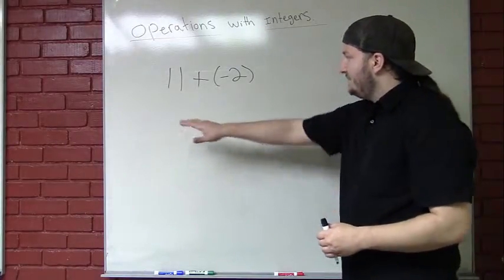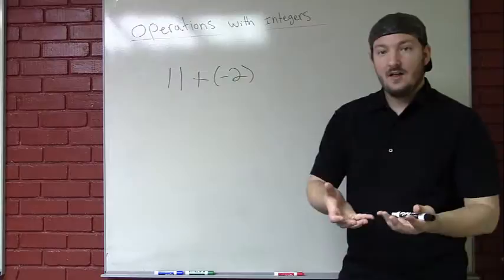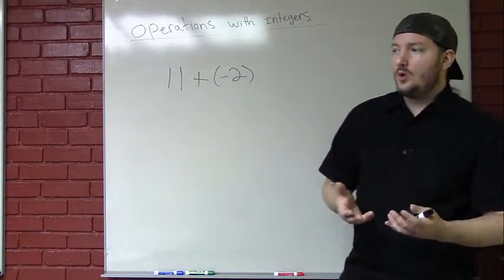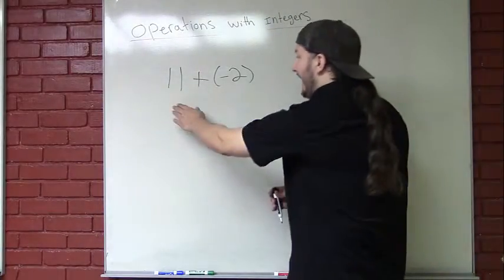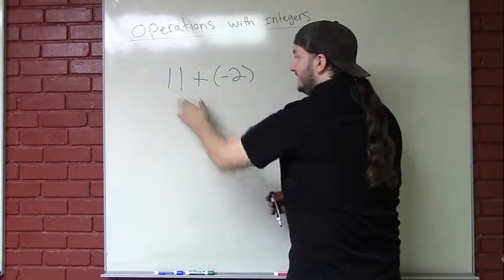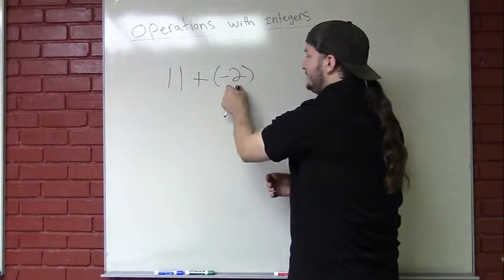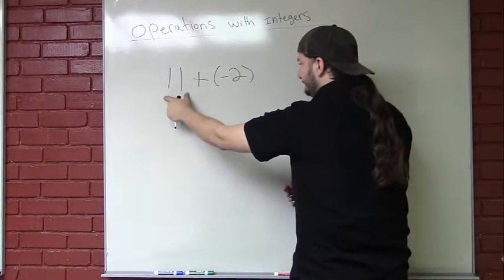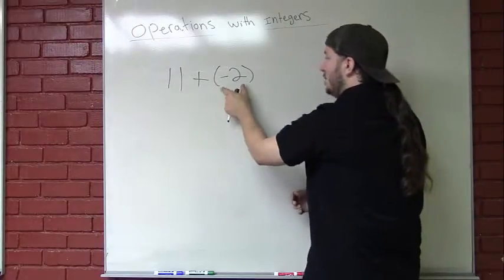That being said, again, positive is like you have that much. Negative is like debt, or you could think of it as you owe someone. Okay? So let's say you have $11 because it's a positive 11. But then you got this negative 2 here, so you owe someone $2. So you have $11 in your wallet, and then you owe someone $2.